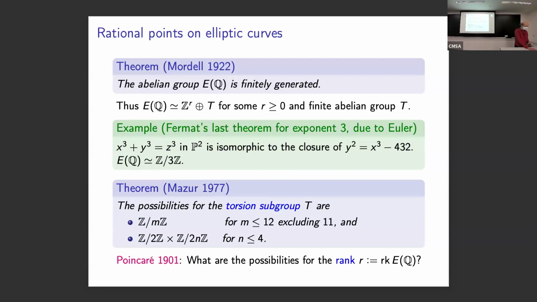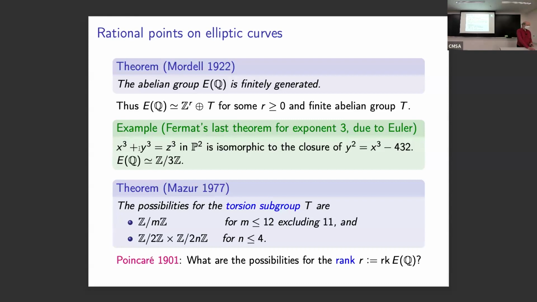And then it turns out for this one, Euler figured out what all the solutions to this equation are in rational numbers, or equivalently in integers up to scaling, and they're the only ones. Fermat's last theorem is true, so it's true for this exponent too. And so the only solutions to this are the ones where one of the coordinates is 0.